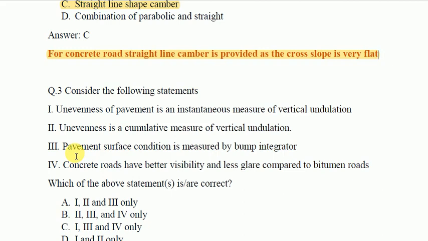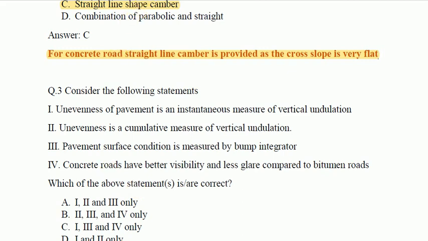Statement 3, pavement surface condition is measured by bump indicator. And statement 4 says that concrete roads have better visibility and less glare compared to bitumen roads. Which of the following statements are correct? We have to select the correct statements.